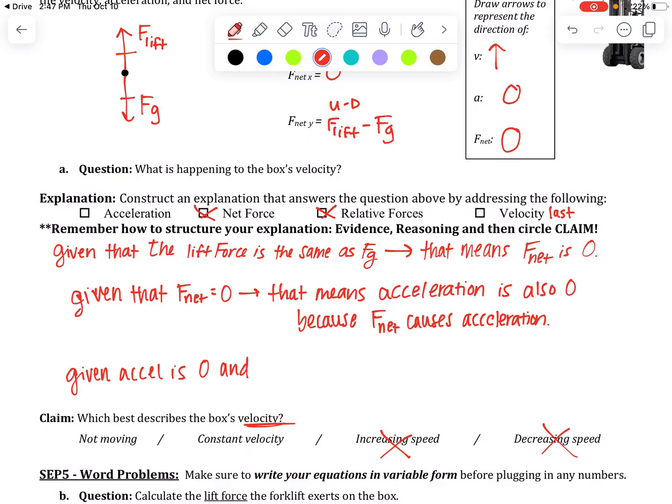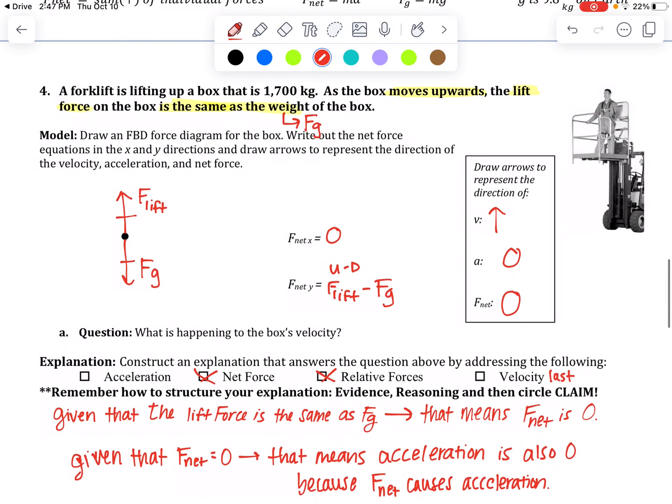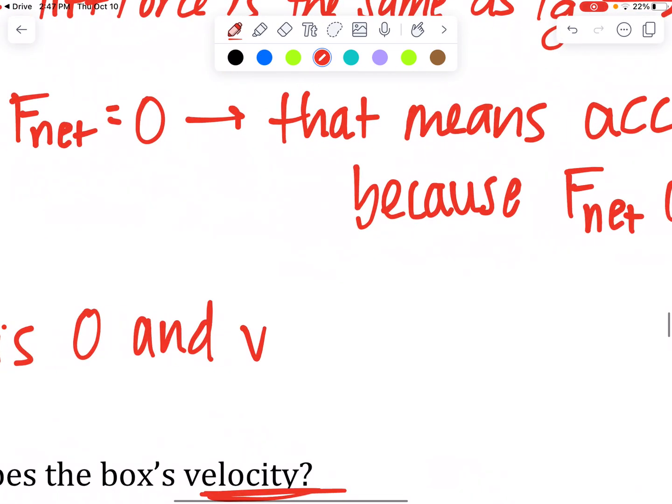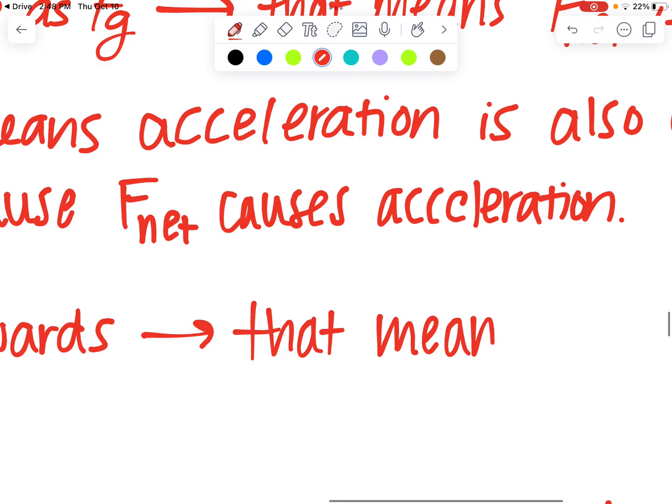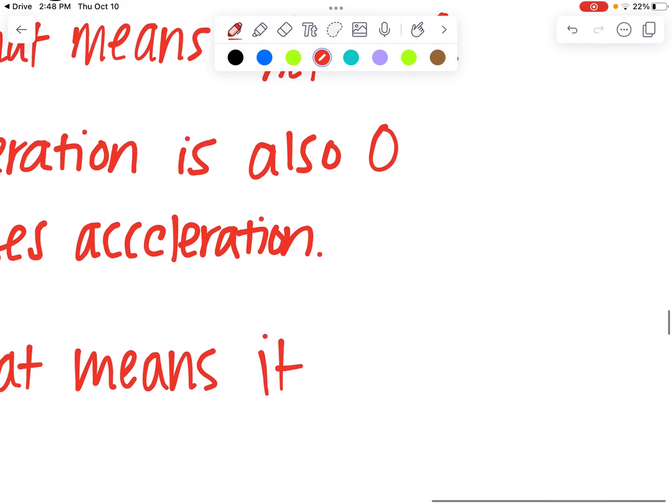Is it moving or is it not moving? And it says that the box moves upwards, so the velocity is upwards. That means it moves at a constant velocity.